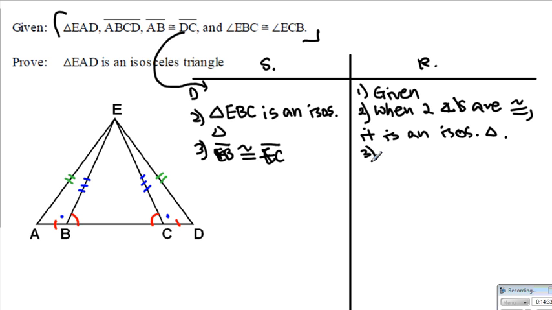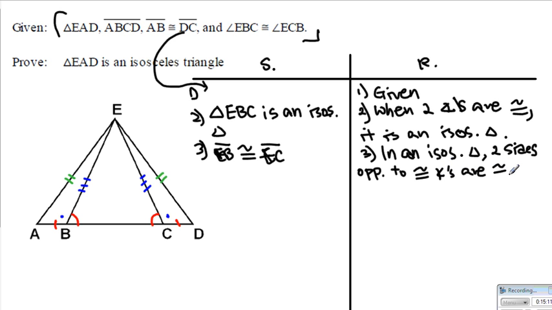The reasoning is in an isosceles triangle, two sides opposite to congruent angles are congruent.